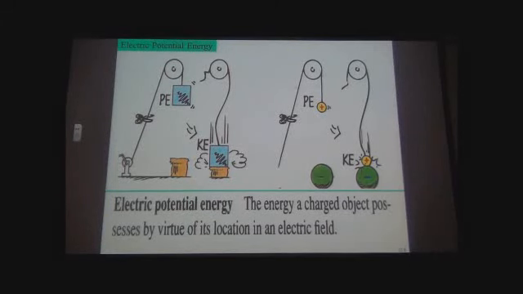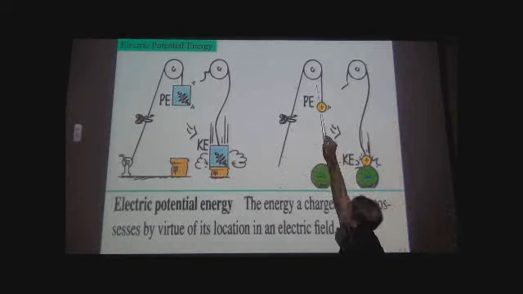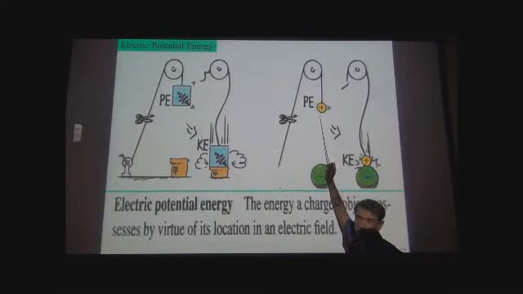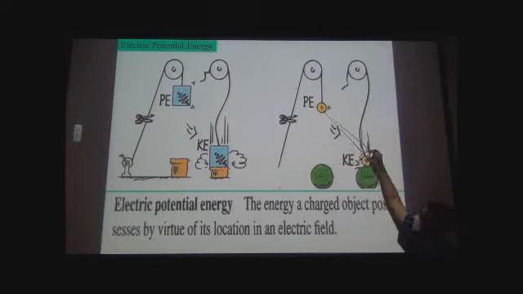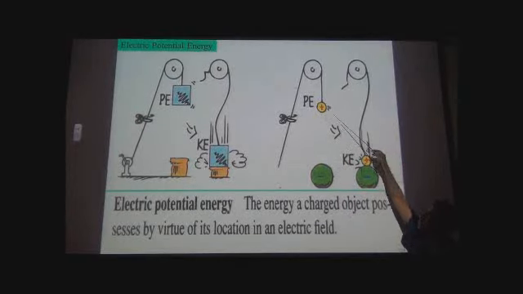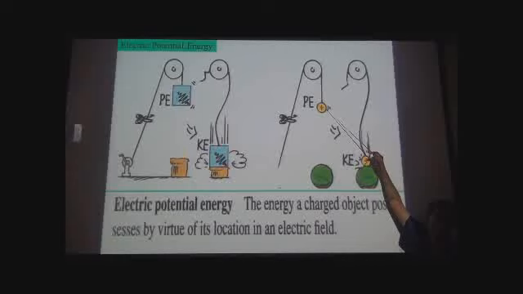its position. Similarly, in an electric field, I'm creating an electric field by placing a negative charge here. Now I have the same situation where I have the string, pulley, and I have a positive charge applied here, right? Let's say there's no gravity. We've eliminated gravity. So the only force here is an electric force, the force of attraction between this negative and the positive, right?